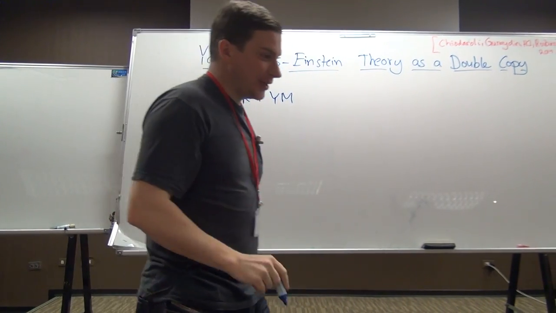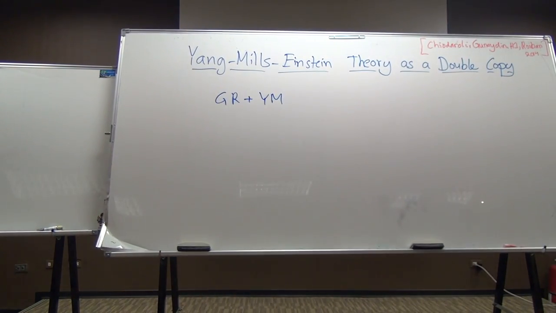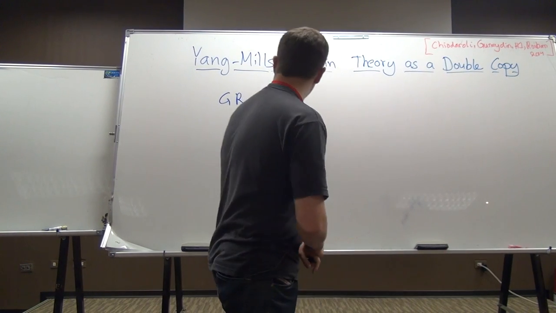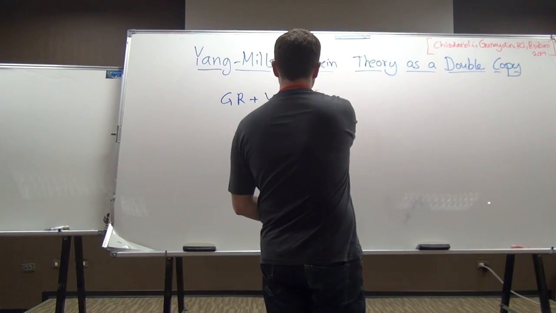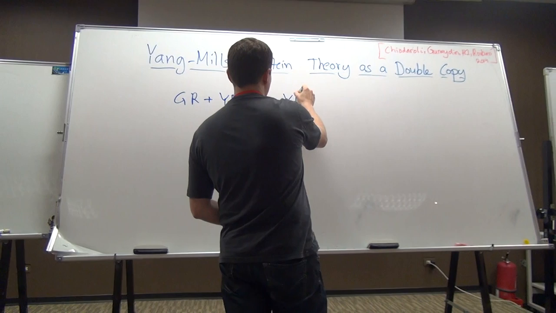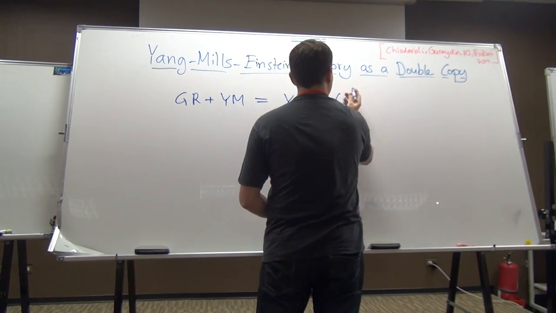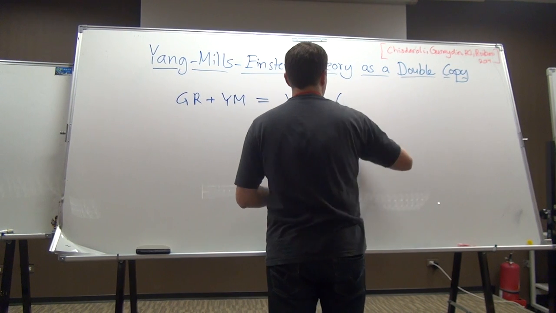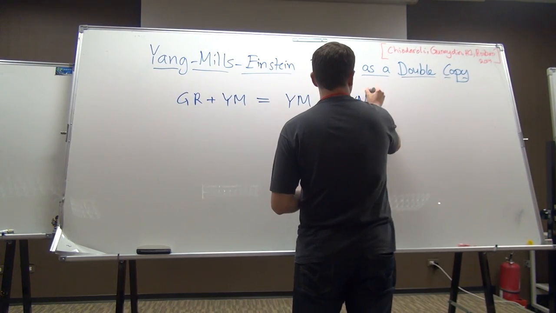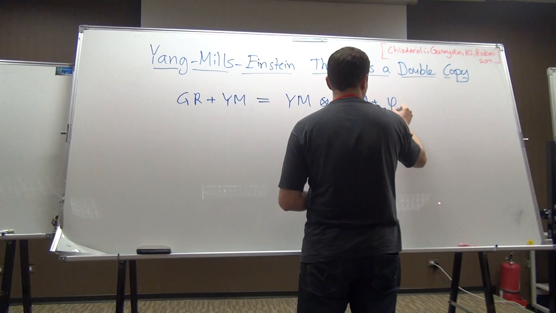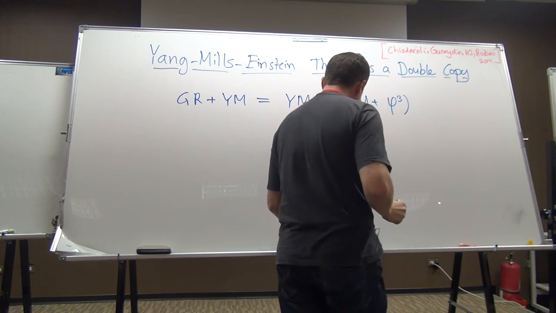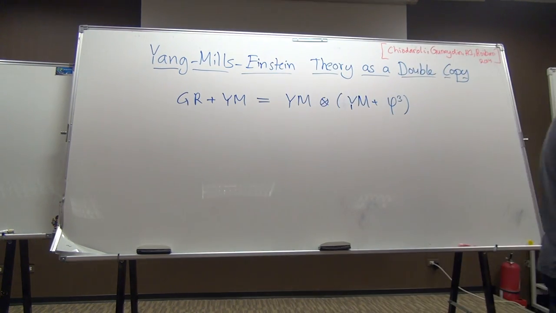And I want to do it in a very funny way, where I express it as a double copy of Yang-Mills times Yang-Mills plus a scalar theory, and this is going to particularly be phi cubed. And this looks probably pretty alien to you.